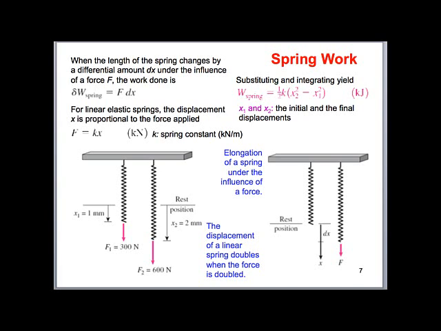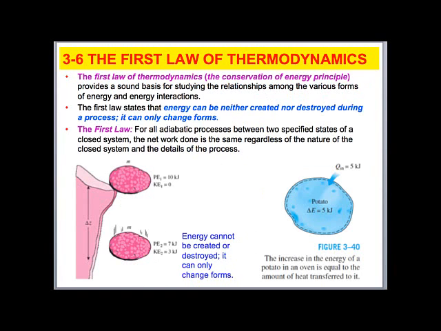So you see here substituting and integrating. This example shows that the work done by the spring is 1/2 times the spring constant times the second position squared minus the first position squared. So that's another way we could calculate the amount of work done by a spring.